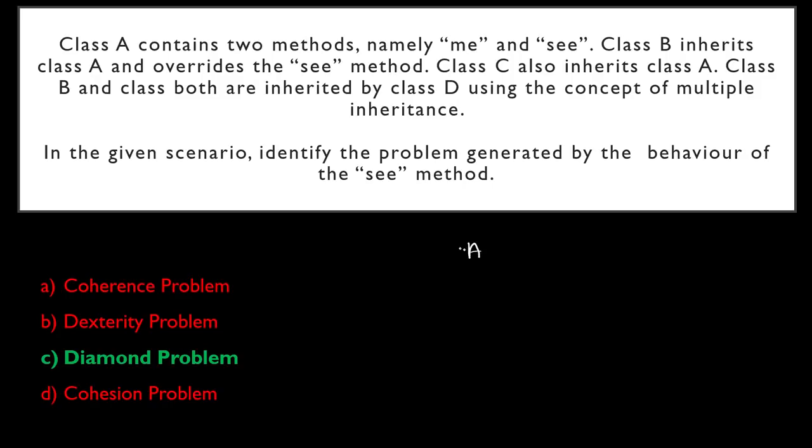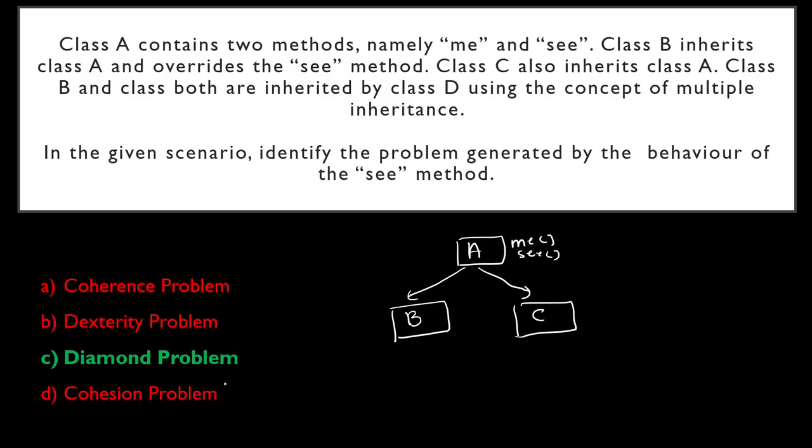You created class A, and while creating class B and class C from class A, you are inheriting. So this will have the function, and this will have the function.